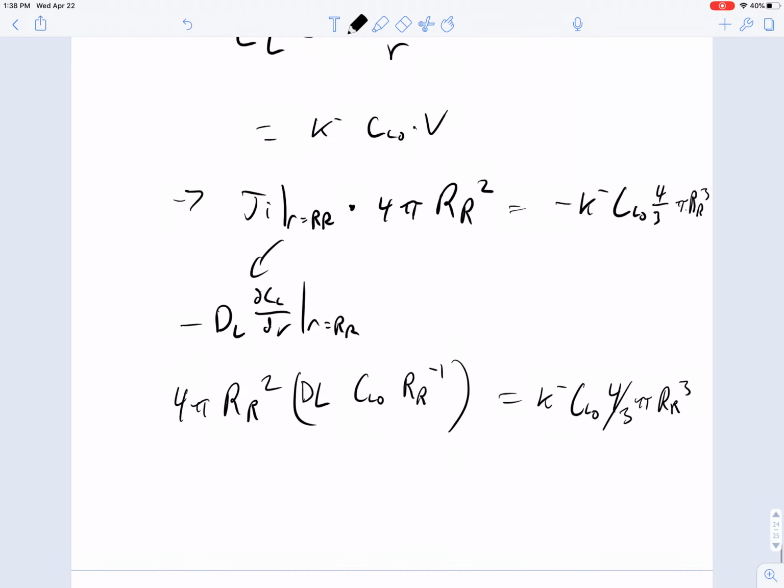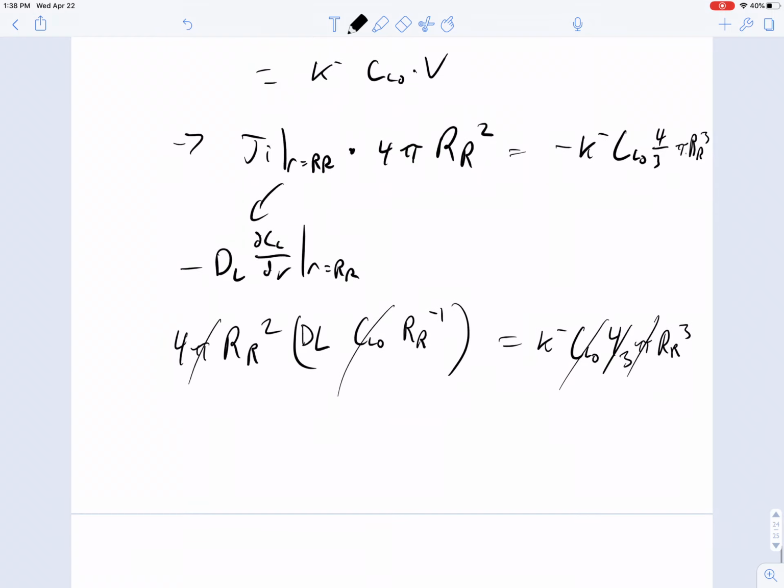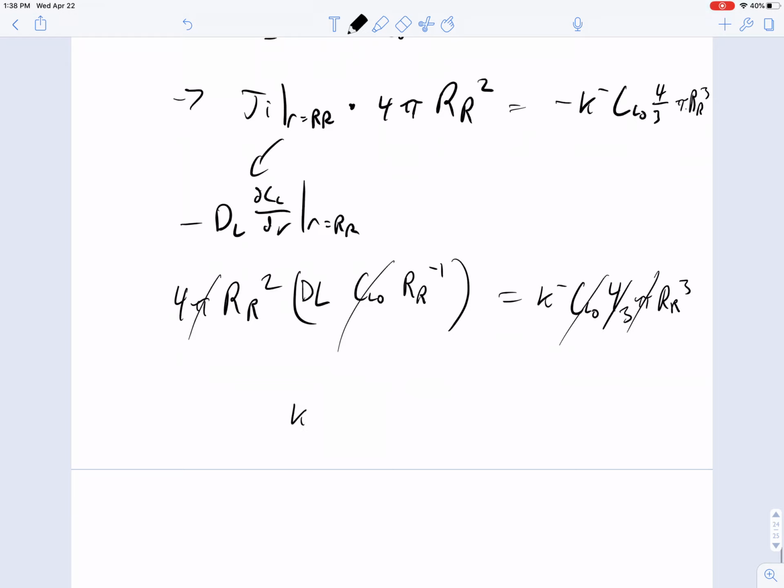The pi's cancel out, the Cl0's cancel out, some of the r's cancel out, and you end up with K minus equals 3 D_L over the receptor radius squared. This is the upper limit of your reaction rate constant for the release of molecules.